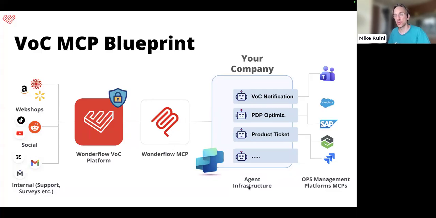Okay, so inside your agentic infrastructure, you can have the voice of the customer notification agent, like the one of the hackathon. We can have an agent for optimizing PDP, so product pages. Okay, an agent that can submit change tickets to your engineering team for relevant issues that are affecting your products.